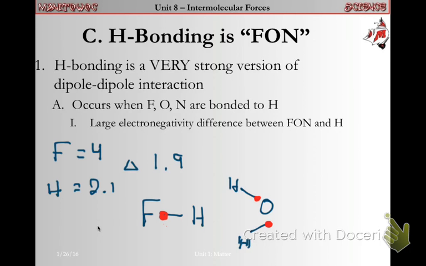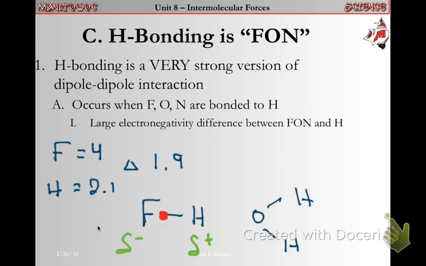And if we look at it, what's going to happen in this case is that the fluorine, since it's got more of the electrons, is going to be partially negative, hydrogen partially positive, oxygen partially negative, and the hydrogen partially positive. Now the way I've got these aligned is kind of poor. I'm going to go ahead and flip the water around here, so you can see the attraction.